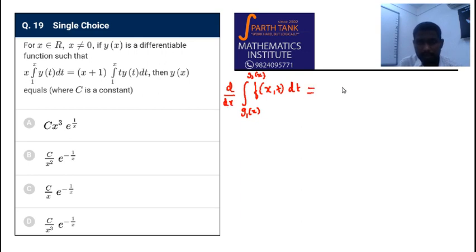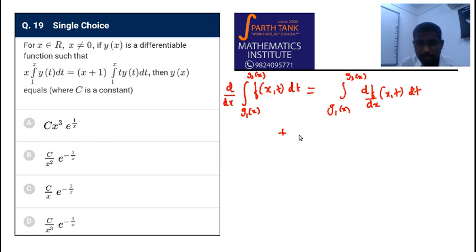And this is written as a summation of 3 terms. The first term is the integration of the differentiation of this function, but with respect to x alone. You differentiate this function with respect to x, treating t as a constant. Strictly speaking, this is a partial differentiation in mathematics, which means you differentiate this function considering x as the independent variable and t as a constant, dt. Then the next term involves the upper limit.